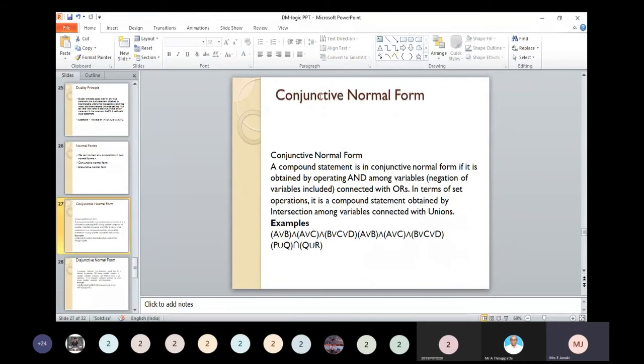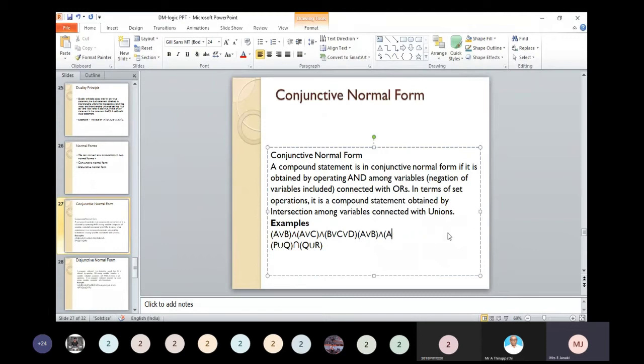See, this is an example of conjunctive normal form. A compound statement is in conjunctive normal form if it is obtained by operating AND among the variables. See, each and every statement we have has AND only. So this is called conjunctive normal form.